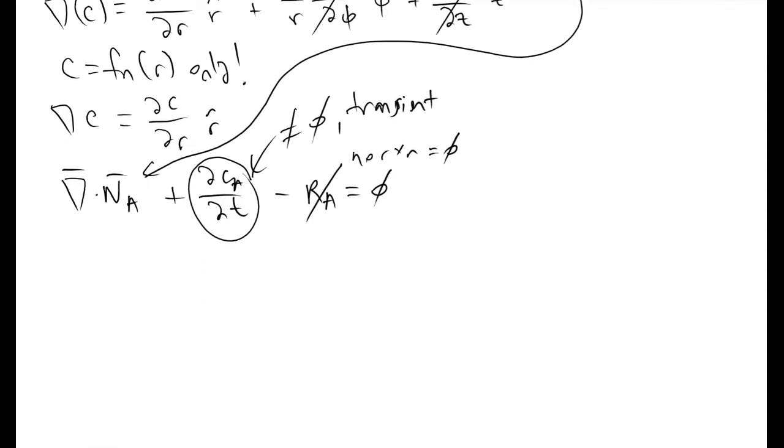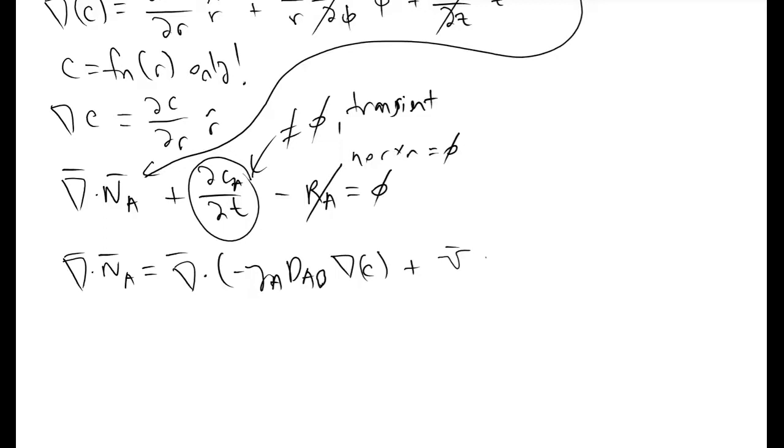The next step is to plug in what we found for the definition of our flux vector. The divergence of the flux vector will be equivalent to the divergence of minus YA times DAB, the diffusion coefficient, times the gradient of your concentration, plus the molar average velocity times CA, and we already went over that we can cancel this term out.